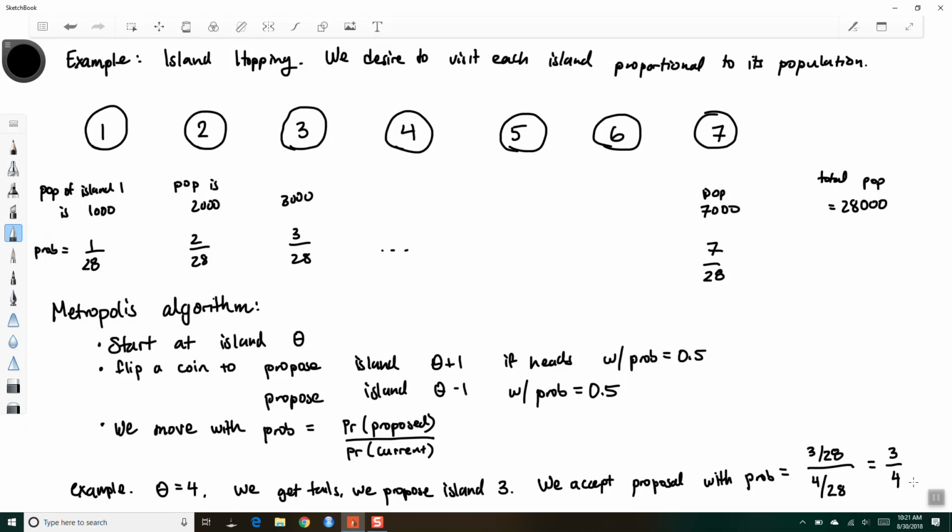Is that okay? One thing you might notice is that because the 28 appears in both the numerator and the denominator, we don't actually have to worry about it, okay?